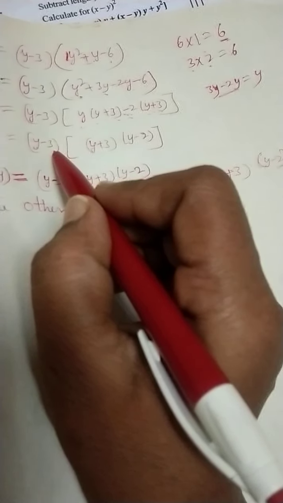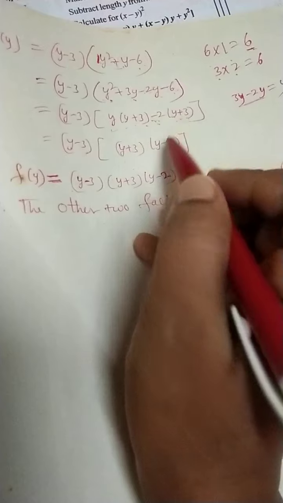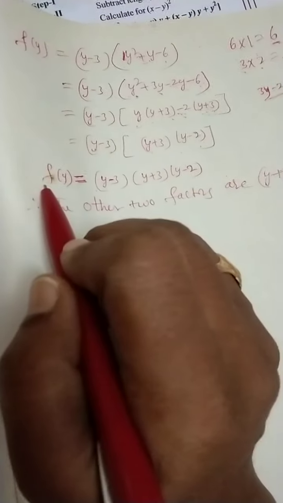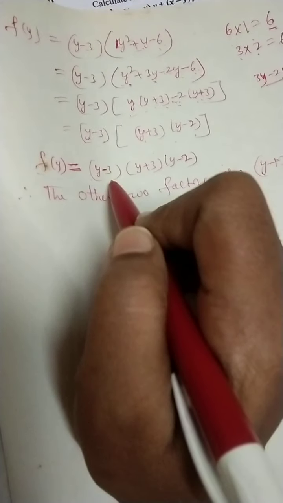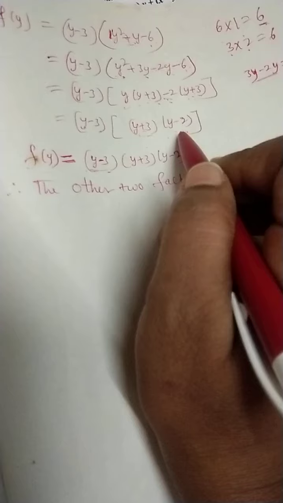Now the common term is y plus 3, and the remaining term is y minus 2. Now f of y is equal to y minus 3, which is the given factor, and what we got extra are two more factors, y plus 3 and y minus 2. So the other two factors are y plus 3 and y minus 2.